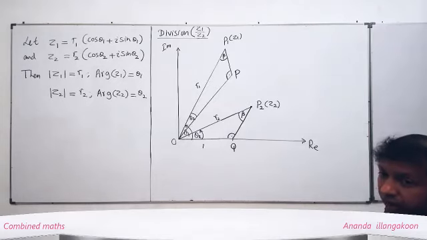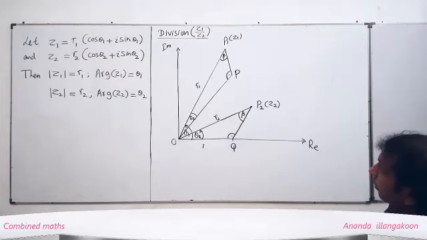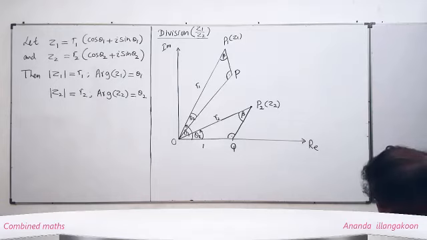Let the points P1 and P2 represent the complex numbers Z1 and Z2 respectively, as shown in the diagram.